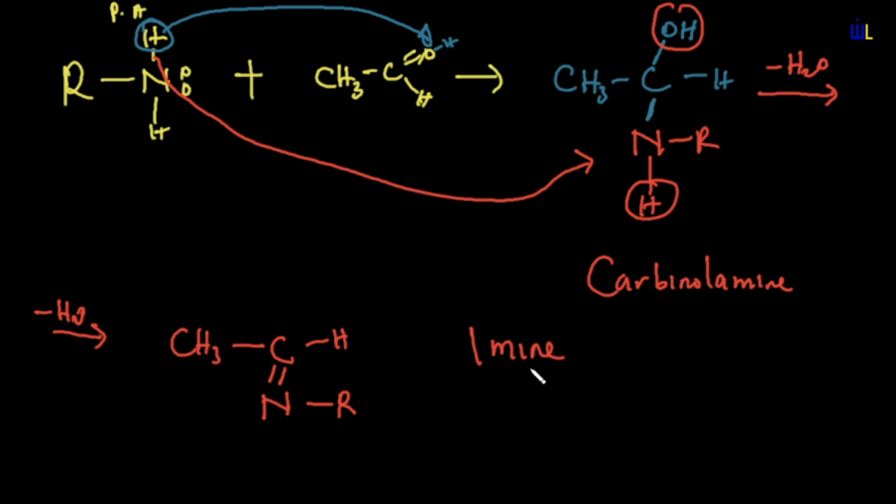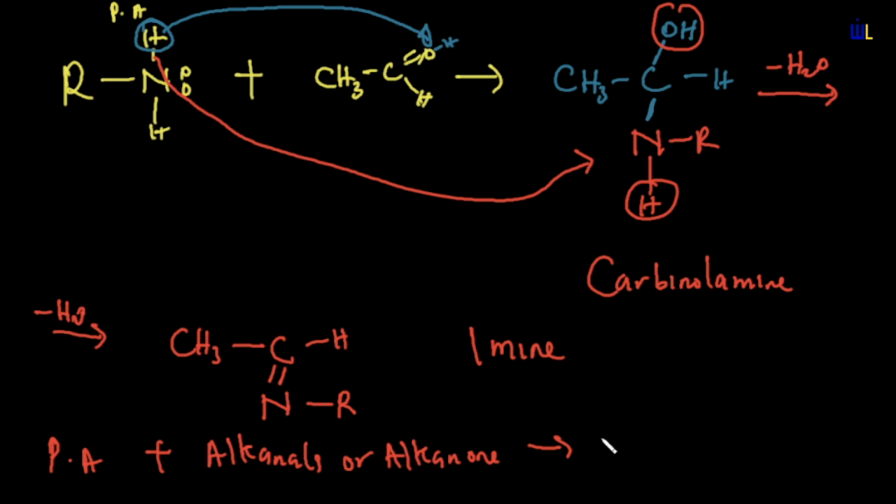So have this in mind, that this is what we refer to as an imine. Hence, the summary of this statement is that primary amines, when they react with alkanals or alkanones, would lead to production or formation of imines at the end of it all. So that's basically the reaction of a primary amine with an alkanal or an alkanone.